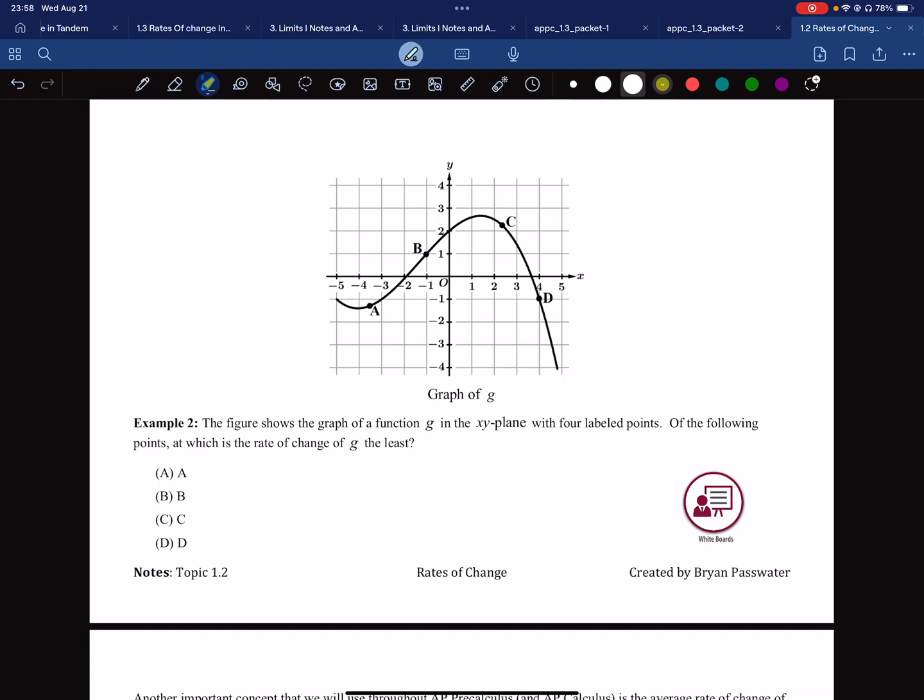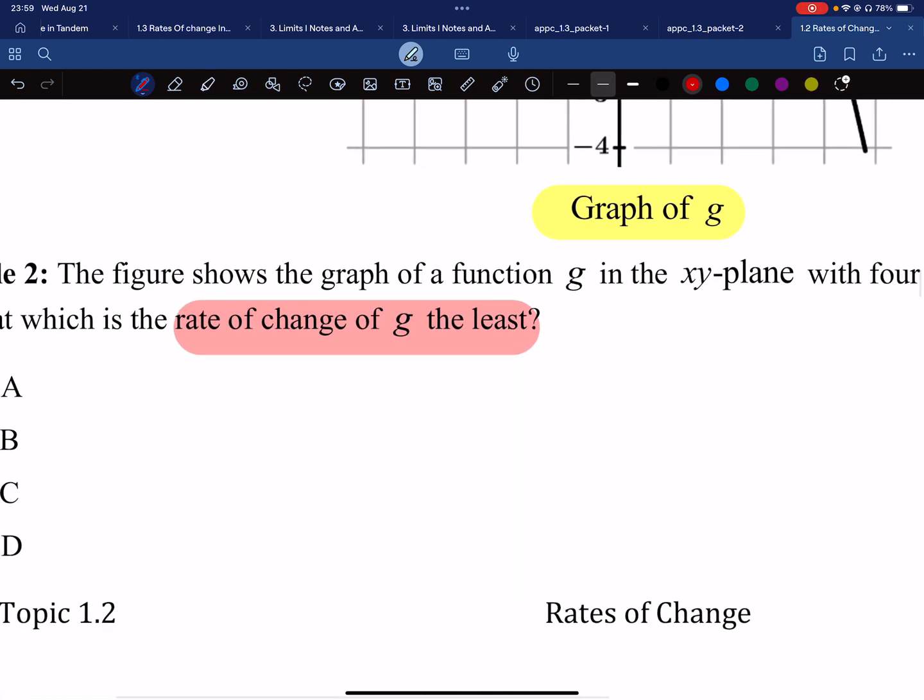In example 2, the figure shows the graph of the function g in the xy plane with 4 labeled points. Of the following points, at which is the rate of change the least? A couple of things. It told us the name of the graph is g, and it's asking us when the rate of change of g is the least. So what we're looking for is when g is the smallest.